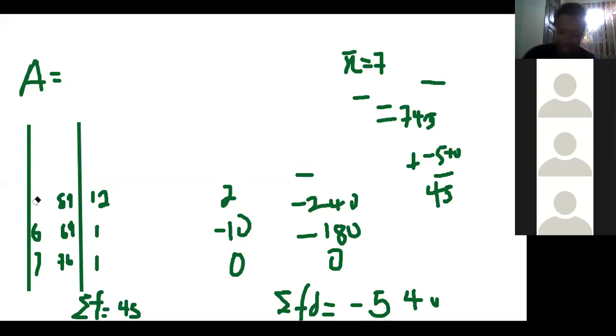So if you are given an ungrouped frequency distribution table, for instance, number of children 0, 1, 2, 3, 4, 5, then they give the number of families 3, 9, 11, 2, 12, 1. Let me just write it so that you get it.